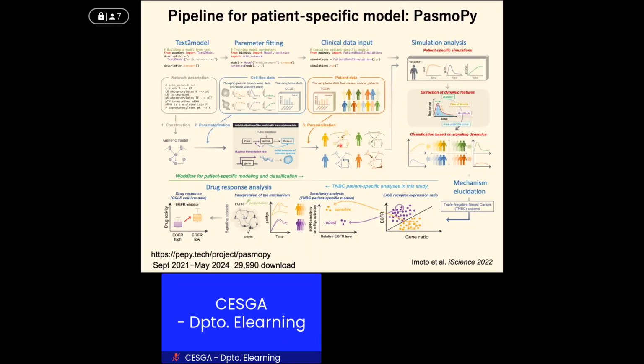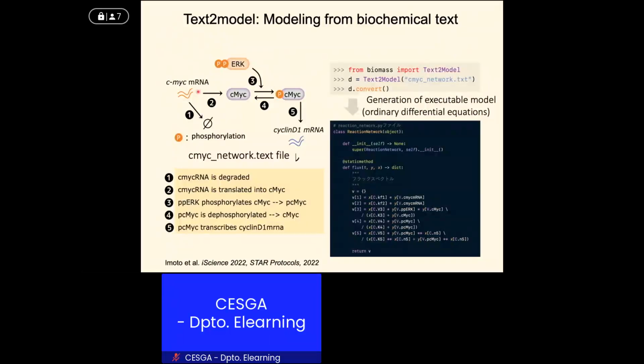In this study, actually we developed a method called TEXT model. I will explain this one because it actually became a good suggestion for us, letting us know the next direction of our research.